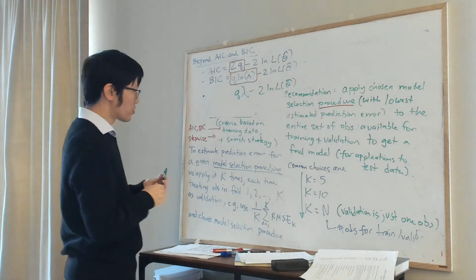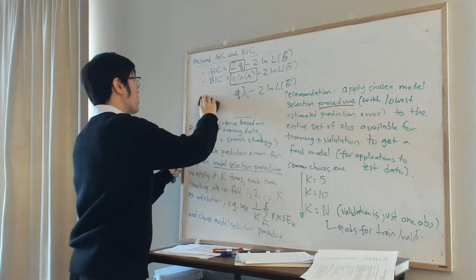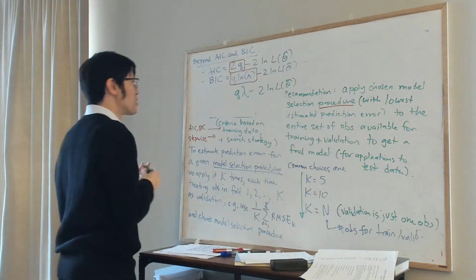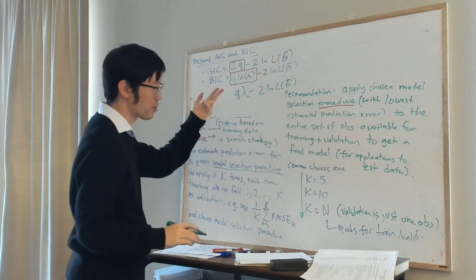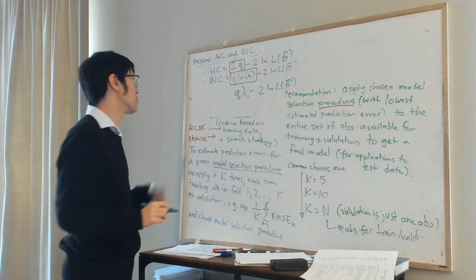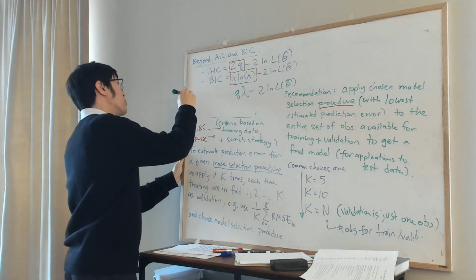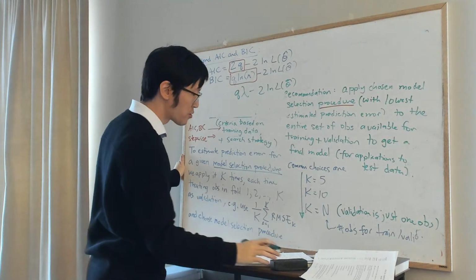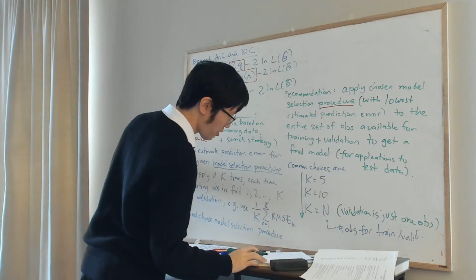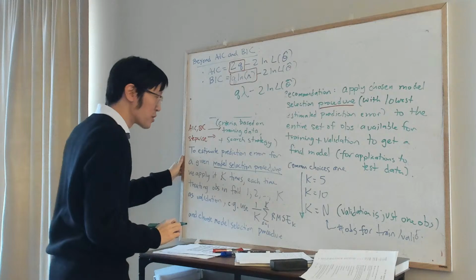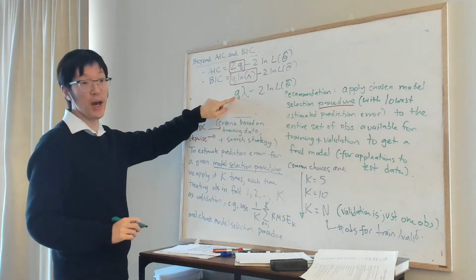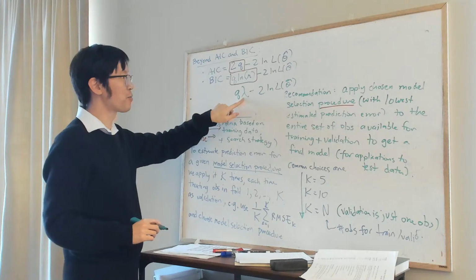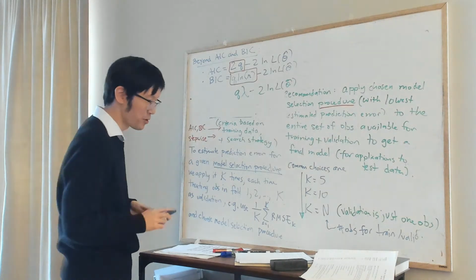This is extending AIC and BIC to a generic arbitrary penalty. In technical terms, this is what we call an L0 norm penalty, because it penalizes you for having more parameters. Every time you add a parameter, we add a corresponding penalty lambda.